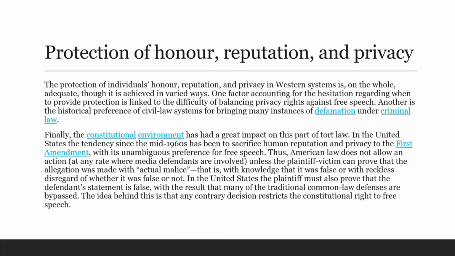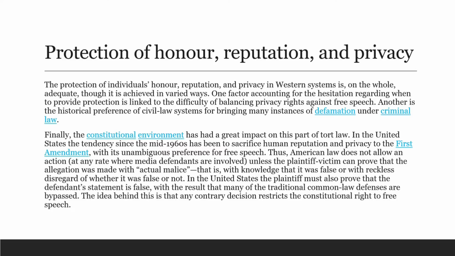In the United States, the tendency since the mid 1960s has been to sacrifice human reputation and privacy to the First Amendment, with its ambiguous preference for free speech. Thus, American law does not allow an action, at any rate where media defendants are involved, unless the plaintiff victim can prove that the allegation was made with actual malice, that is, with knowledge that it was false or with reckless disregard of whether it was false or not.